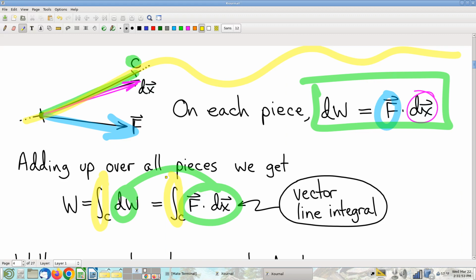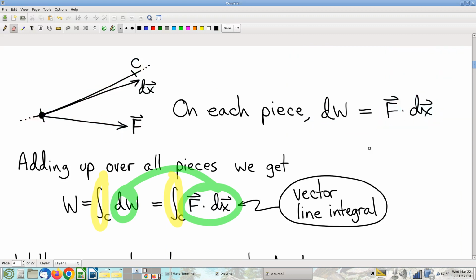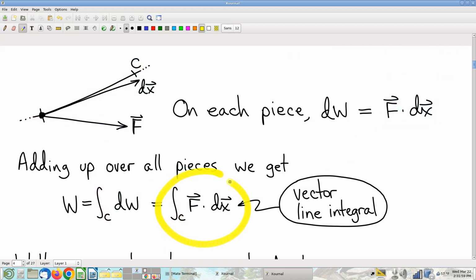Okay, several things to say at this point. For one thing, notice that this does not look like a scalar line integral. That's weird. This is a very unfamiliar construction. We have never to this point seen a construction where the differential is a vector. Weird. New. A little scary.